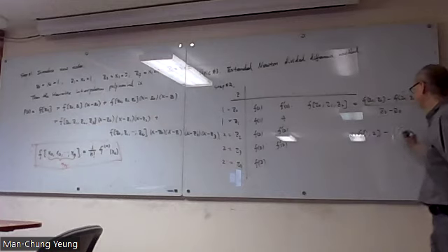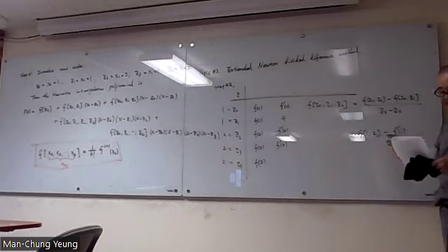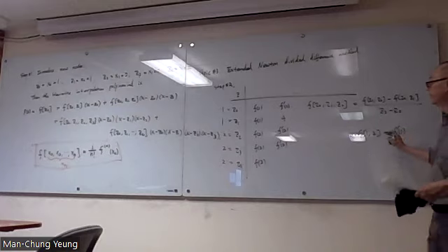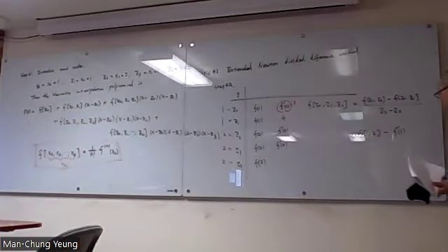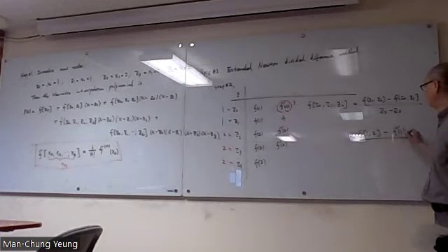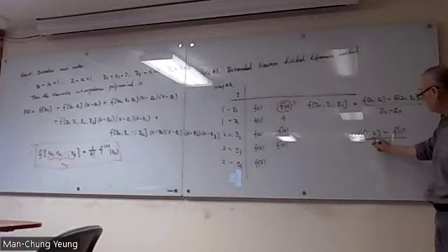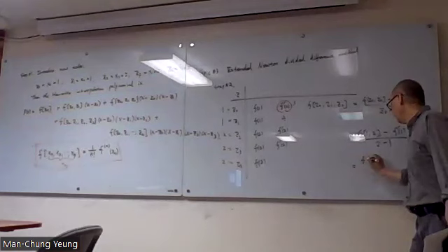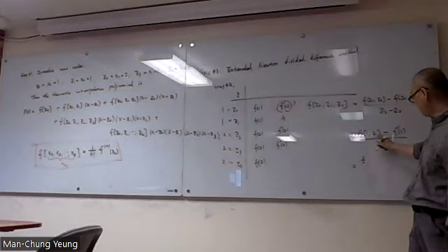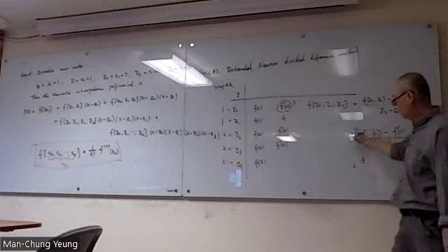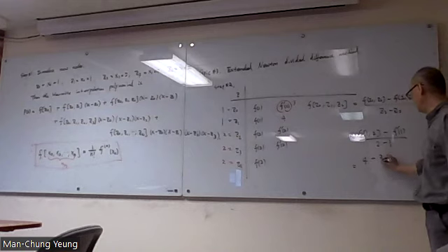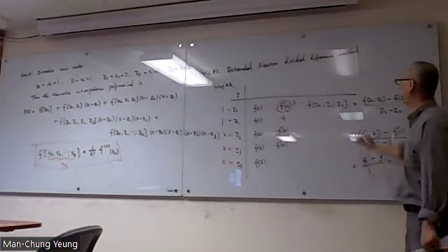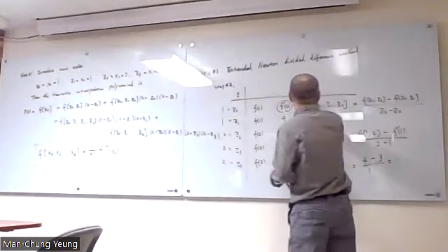This number is number 3, given to us. Over C2 minus C0, which is 2 minus 1. 1, 2 are different, so F[1, 2] is number 4, minus number 3, then over 1. So this number is 1.